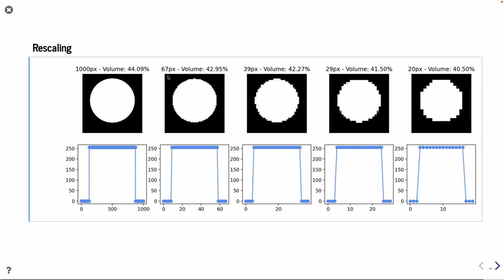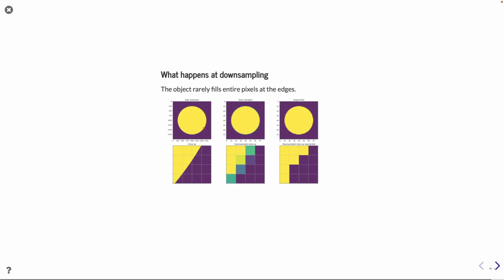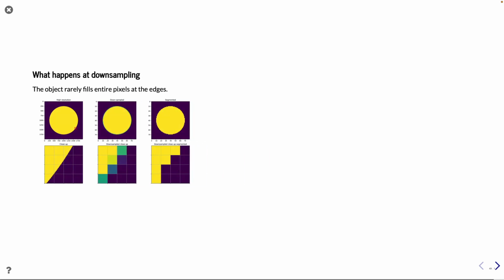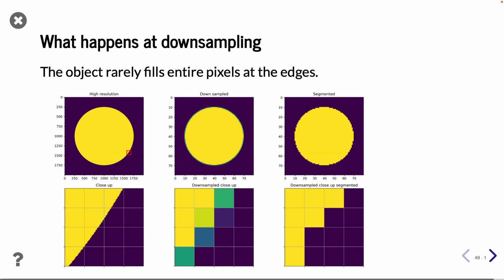But you see that there is a more and more tilted edge along these edges. Another thing that happens when you downsample is that you get these interpolation edges, which are a different color.